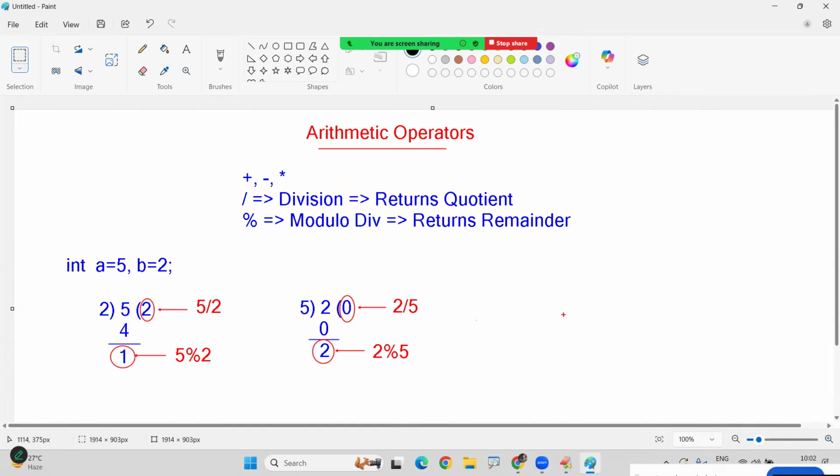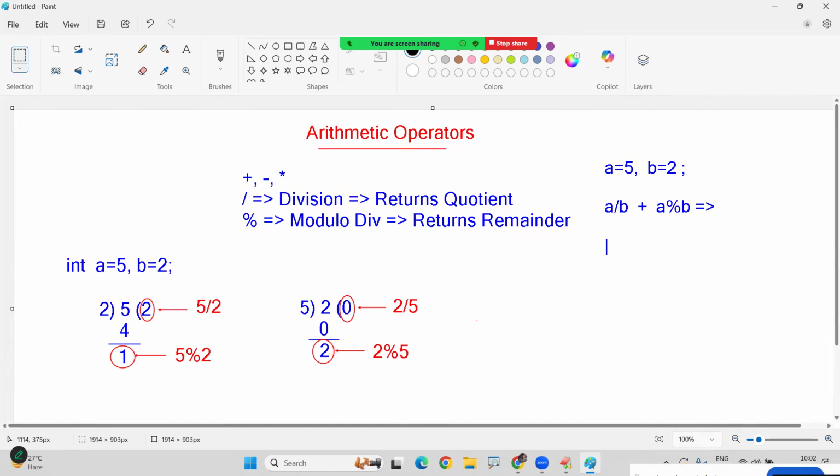Now, I'm asking you some questions to complete. Here it is the same. If A value is 5 and B value is 2, I'm asking the questions. A by B plus A mod B. What is the value for this?